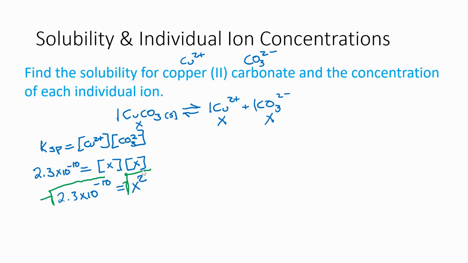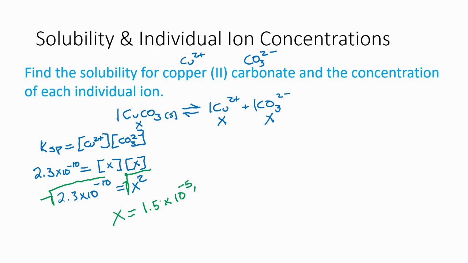I have a calculator that may not be ready to do this, so let's see how it goes. 2.3 e minus 10 square rooted. And I get a value that I can write as either a decimal or in scientific notation. It's probably easier to write this one in scientific notation. So I'm going to write 1.5 times 10 to the negative 5.